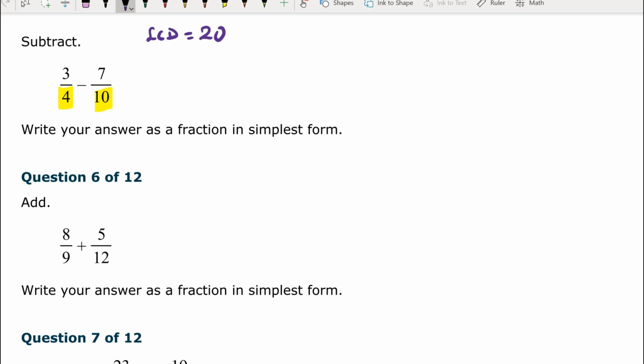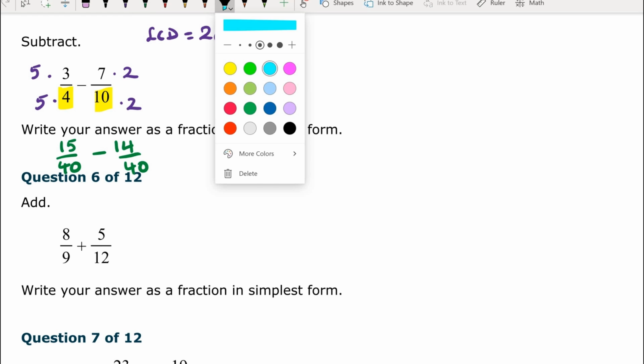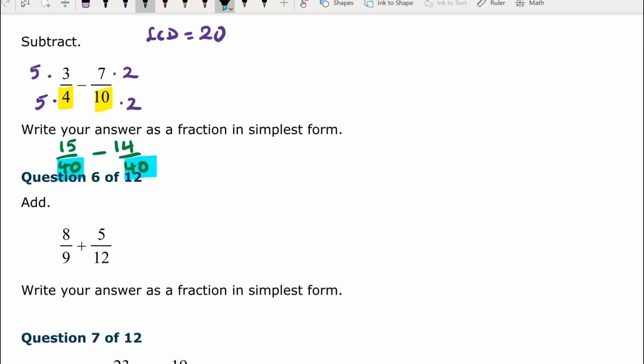To get 20, you multiply by 5 on top and bottom, and for 10 you multiply by 2 on top and bottom. So the first fraction turned into 5 times 3 is 15/40 minus 7 times 2 is 14/40. Now they both have the same denominator. We subtract straight across. So 15 minus 14 is 1/40. And that is the final answer.